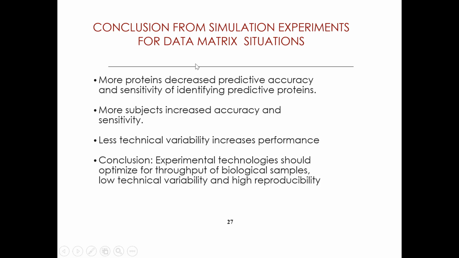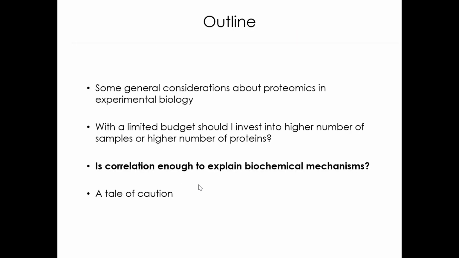So, more proteins decreased predictive accuracy, more samples increases predictive accuracy, lower technical variability is beneficial, and so for those of us who work in this field, we should increase the number of samples, even if it comes to some extent at the cost of proteins covered. Of course, we like to do both proteins and samples.